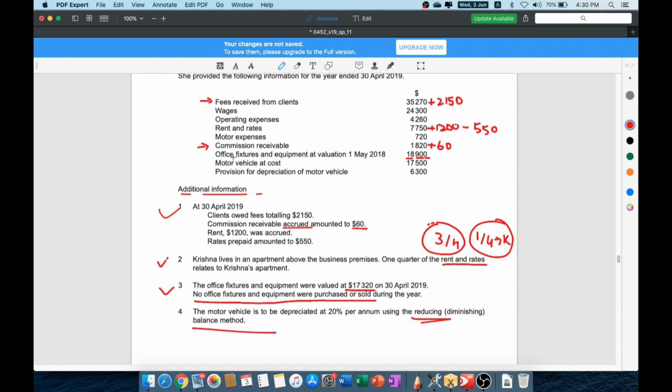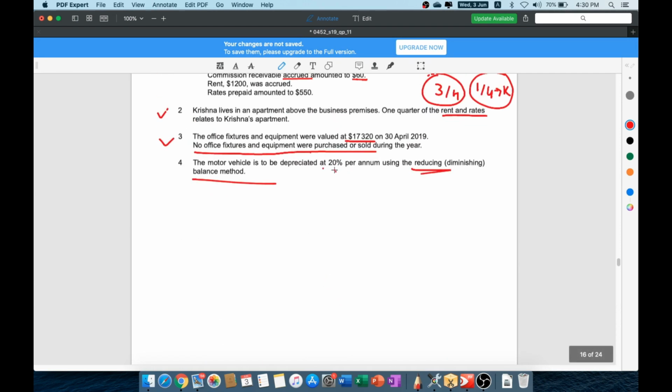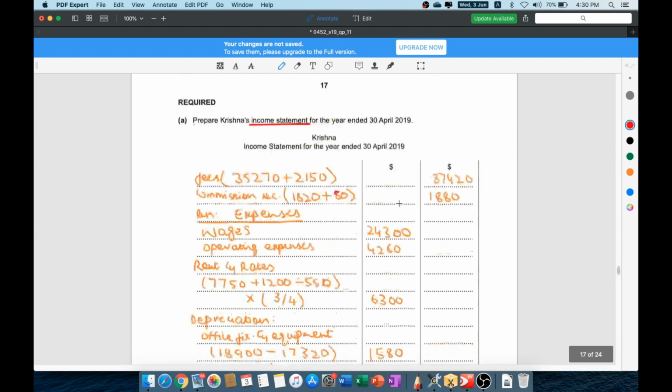So he's given you the cost and the accumulated depreciation, the provision for depreciation. We calculate the reducing balance method by subtracting the provision for depreciation from the cost, and then calculating a percentage. So that technically means subtracting 6,300 from 17,500 and then multiplying it by 20%, right? So that gives us 2240.